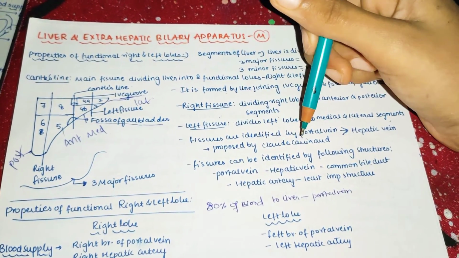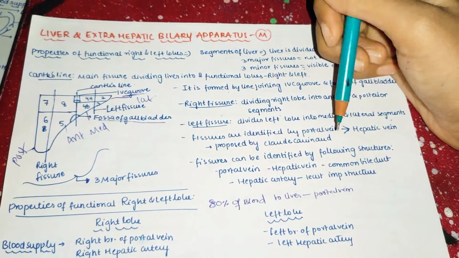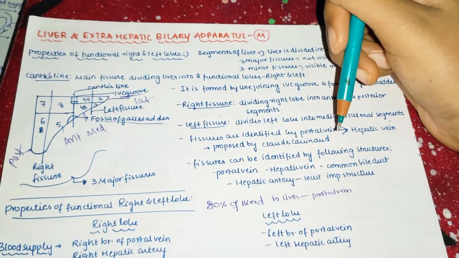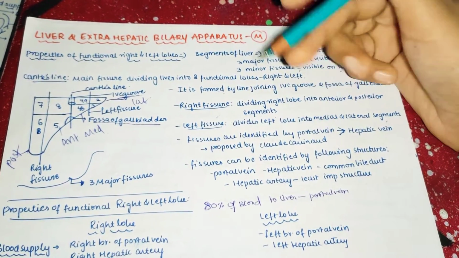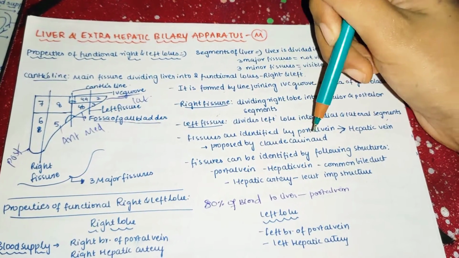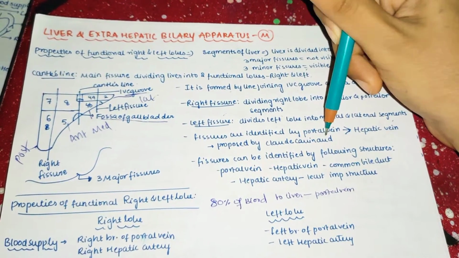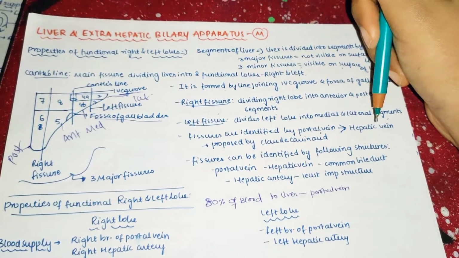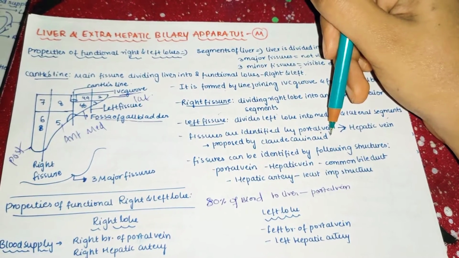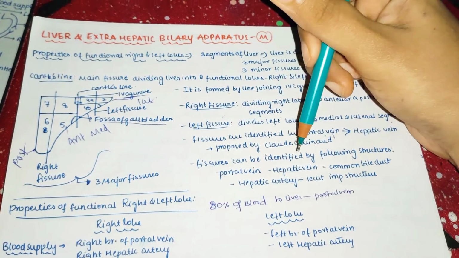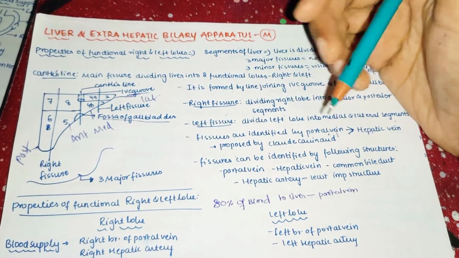The fissures are identified by the portal vein, which is greater than the hepatic vein, and this law was proposed by Claude Couinaud. Couinaud divided the liver especially on the basis of the portal vein. Even the hepatic vein is correct, but the portal vein is greater when compared with the hepatic vein. Now the fissures can be identified by different structures.